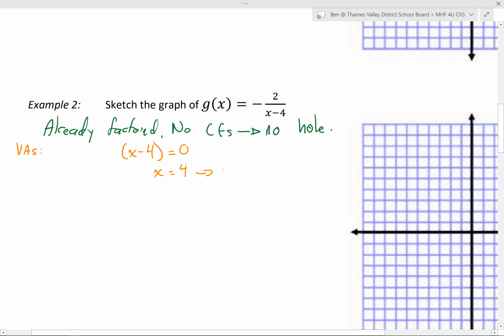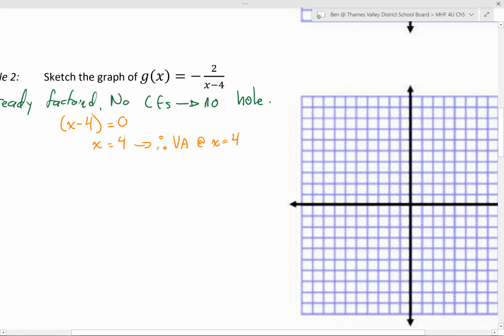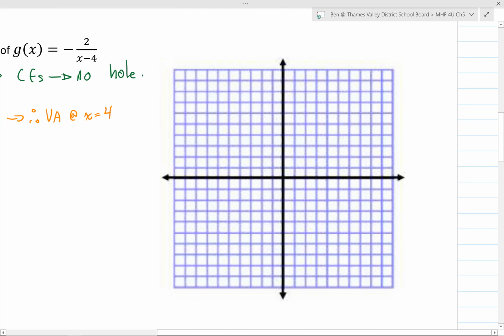Therefore, there's a vertical asymptote at x equals 4. So I can sketch that in right away. I find x equals 4, that's right here, and there's a vertical asymptote, nice and easy. When I sketch it in, I always sketch it with a dashed line, and I always label it with the equation of the line, not an inequality.